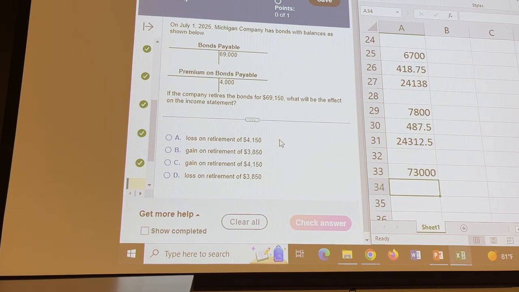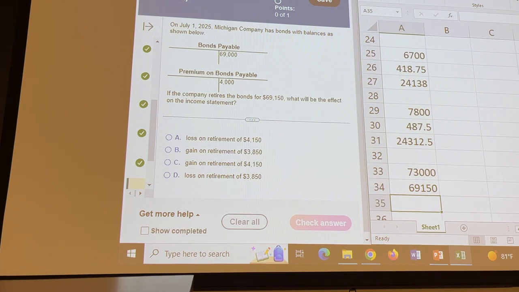They actually pay to retire them 69,150. So if they don't have to pay as much to retire them as what they're shown on the balance sheet at, that results in a gain.